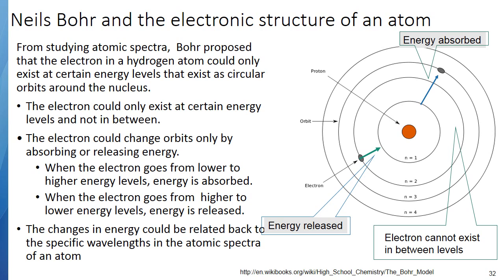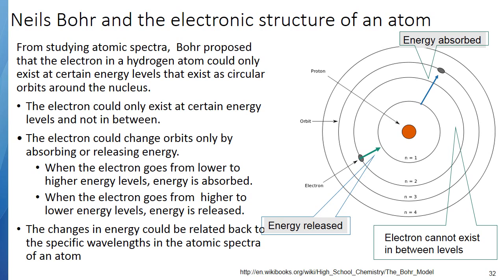Now, if an electron goes from a high level down to a low level, energy is released. Those distances relate to very particular wavelengths, and that's why there are only certain jumps in energy that an electron can take, and so only certain wavelengths can be seen from every different element. Different elements have different energy levels, and so each element has a different spectrum.